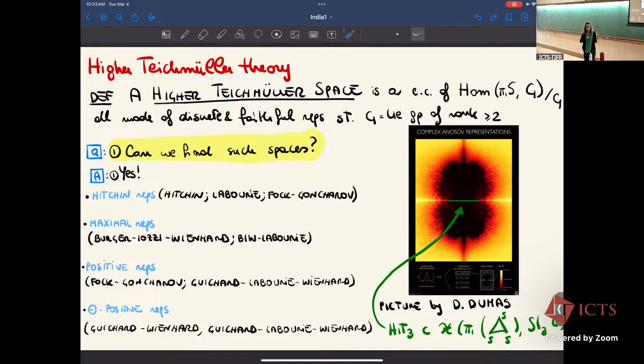In fact, Higgs bundles, which we will not discuss today, are a very powerful method when you want to count. We will see this picture again.